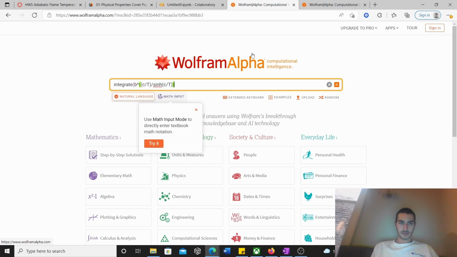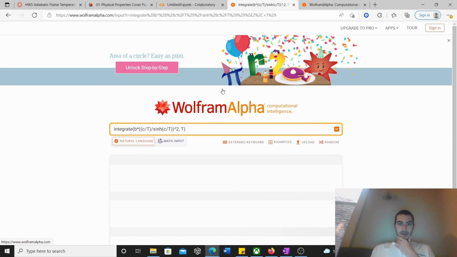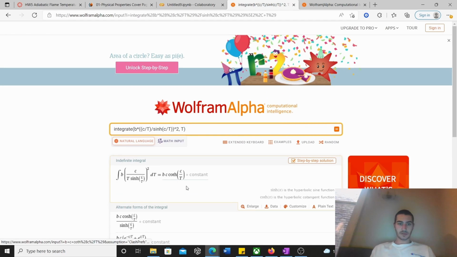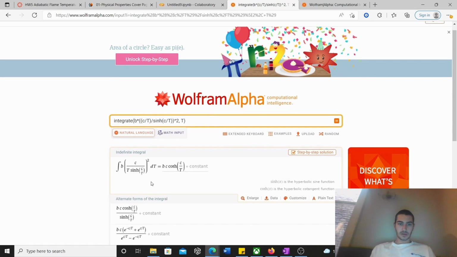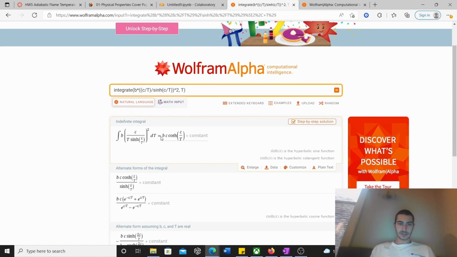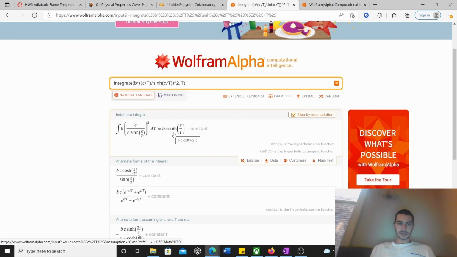Then we have all of this squared, right, power of 2. And then we have to use a comma T to explain that T is the variable we're trying to integrate for. So we press enter, and we're given now the integral for that, which is B times C times the hyperbolic cotangent of C divided by temperature.